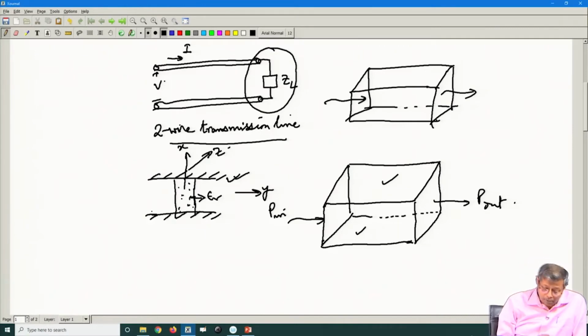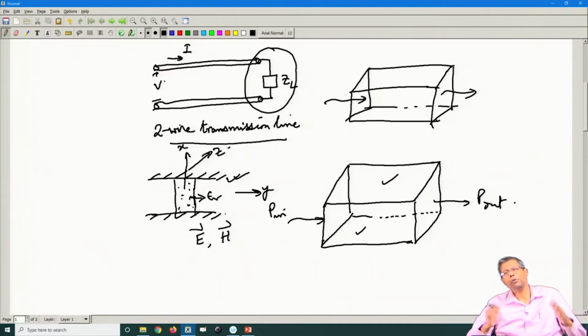Therefore, we are compelled to use the more general concept of electric and magnetic fields, E and H. These E and H are linked through Maxwell's equations. There are two different forms of Maxwell's equations, as we will soon discover.